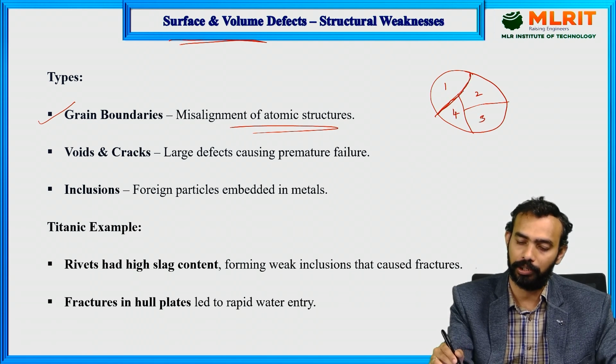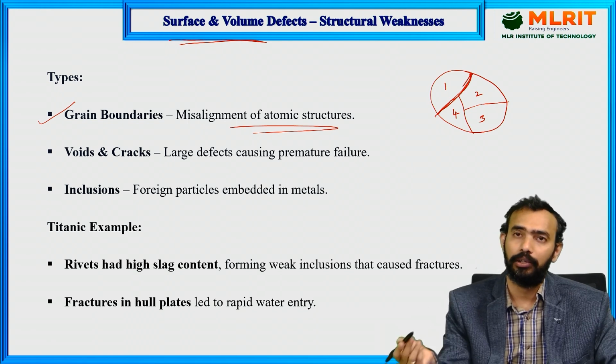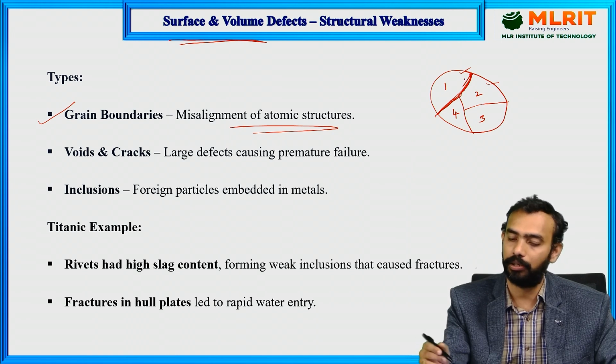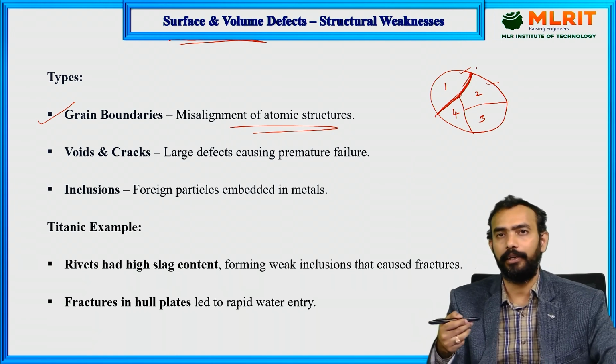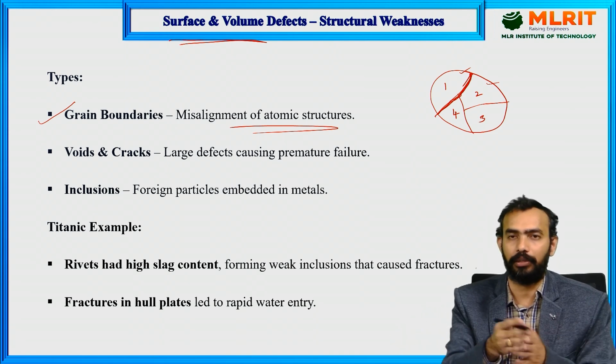In this particular grain boundary region, atoms will not arrange in the regular position. It will not follow grain 1's regular arrangement, nor grain 2's regular arrangement. It will be in its own arrangement in the grain boundary region, so it is deviated from either grain 1 or grain 2.